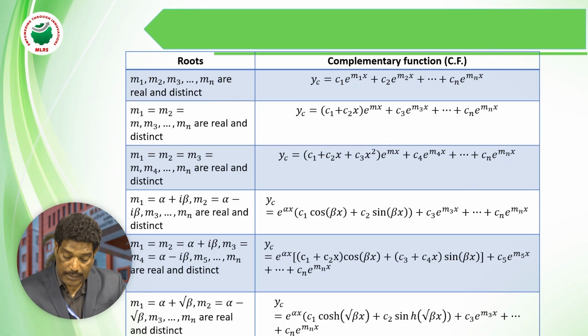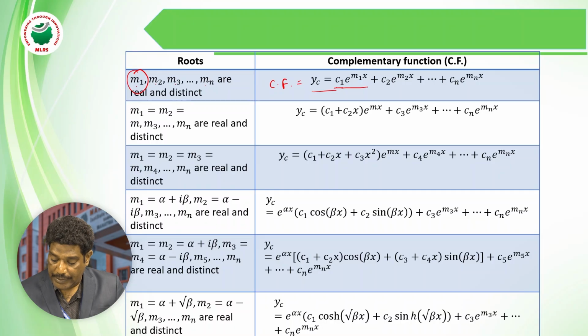The first one. The roots m1, m2, m3, and so on, mn are real and distinct. If the roots are real numbers and they are distinct, then we can write the complementary function like this. Yc, also called the complementary function, CF. For m1, you can write c1 e^(m1 x).